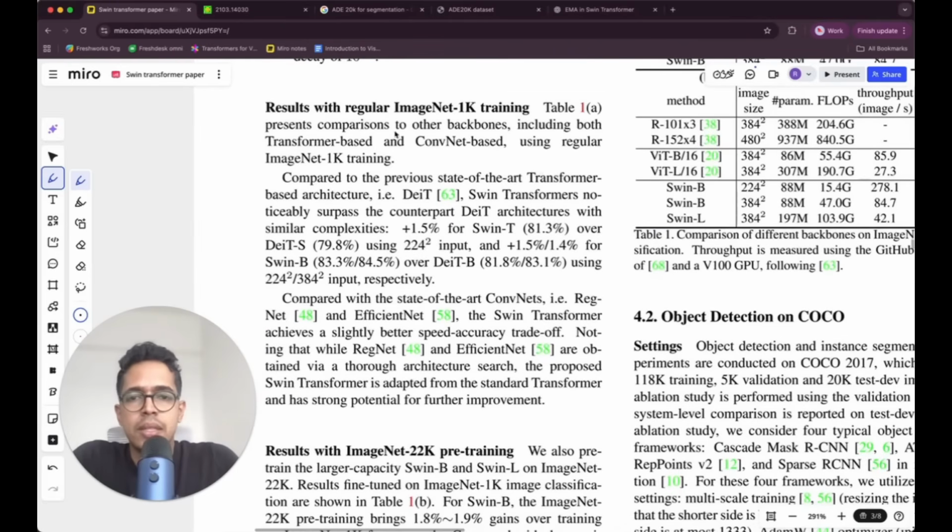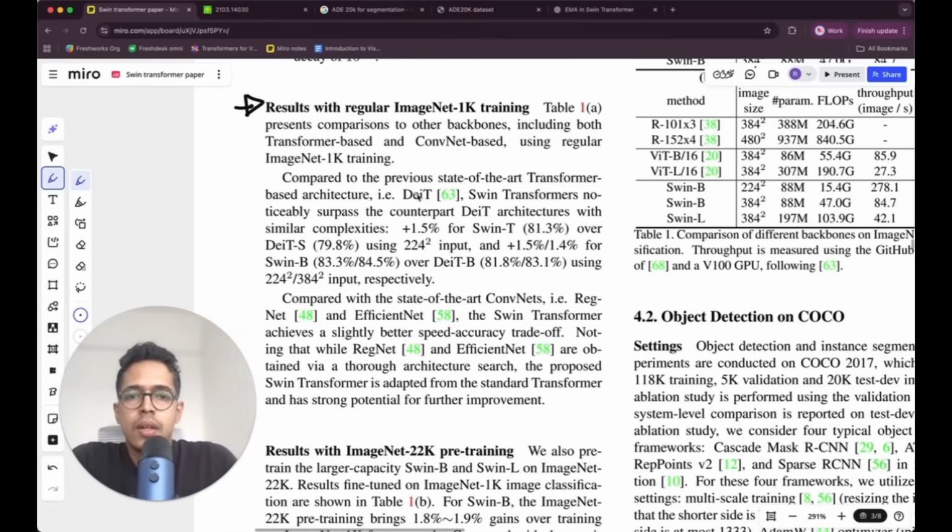Table 1a presents comparisons to other backbones, including both transformer-based and ConvNet-based, using regular ImageNet 1K training. Compared to the previous state-of-the-art transformer-based architecture, that is DeiT, Swin Transformers noticeably surpass it. So this is the result of the first setting, where you are directly training on 1K. The second one will be training on ImageNet 22K and then fine-tuning.